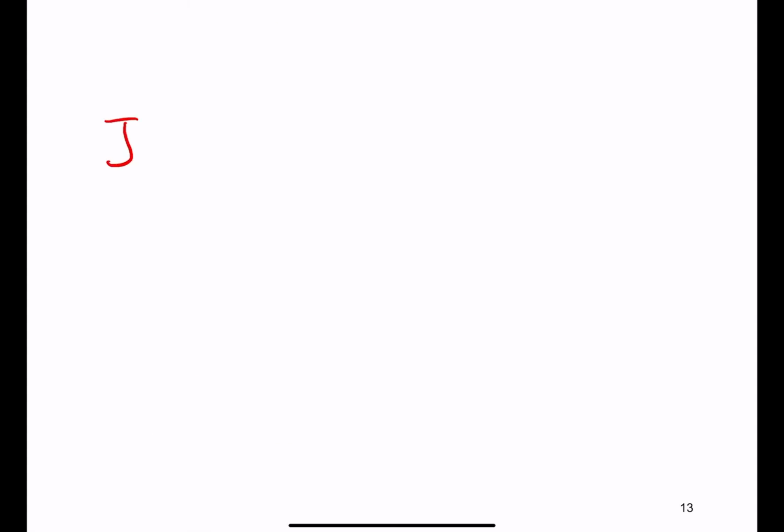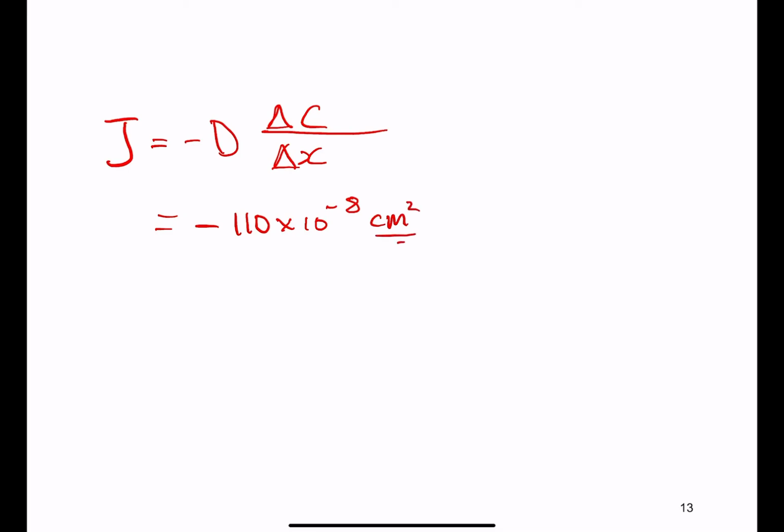Okay, so J was equal to minus D. And because we're assuming a steady state linear diffusion profile, we can simply do a delta C divided by delta X. Our diffusion constant from the previous slide was 110 times 10 to the minus 8 centimeters squared per second.